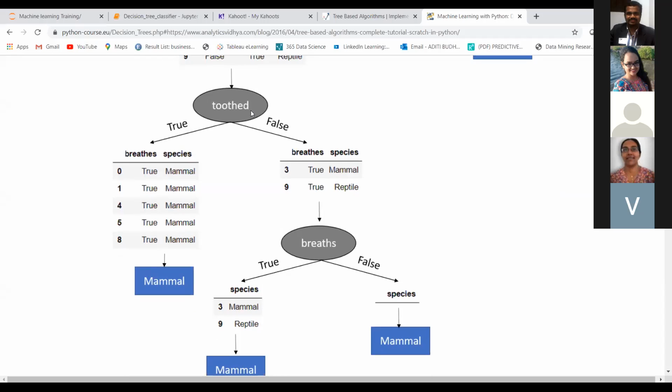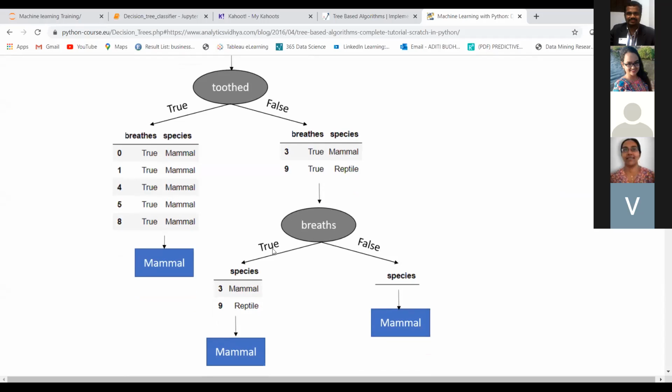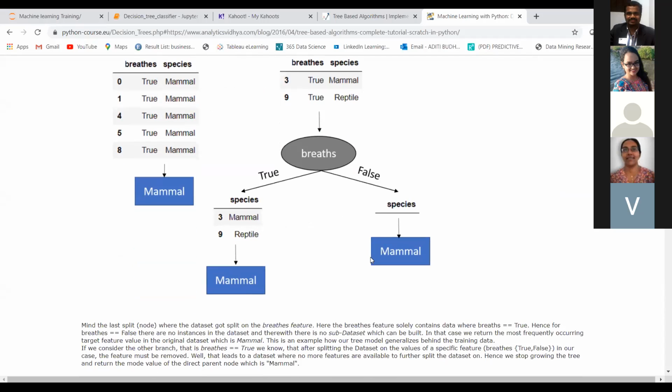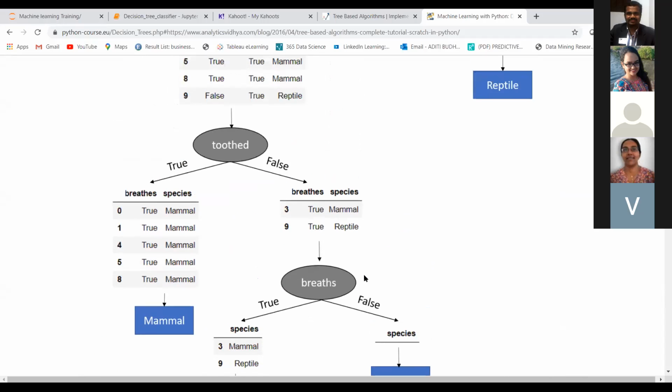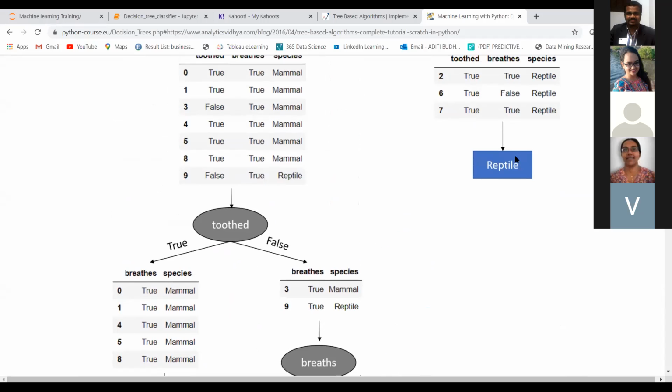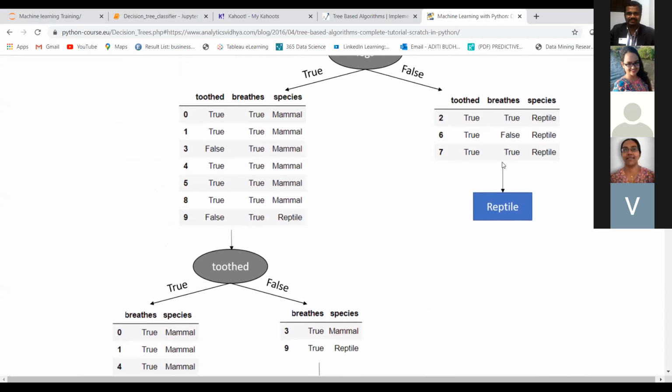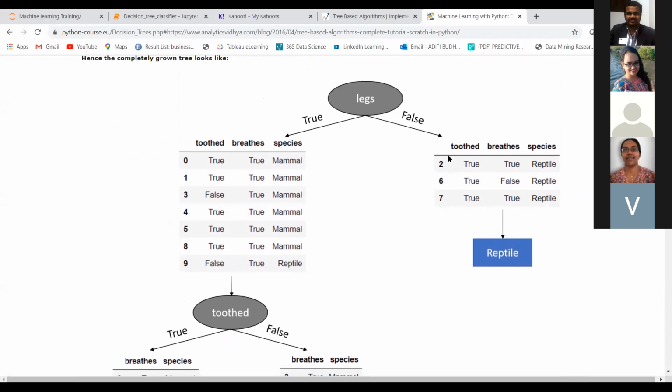And then the remaining feature we are using in order to classify this particular data set. The breaths feature is then used to further divide our data. And finally, we are getting these leaf nodes, which are nothing but the classes based on which we want to classify our data points.